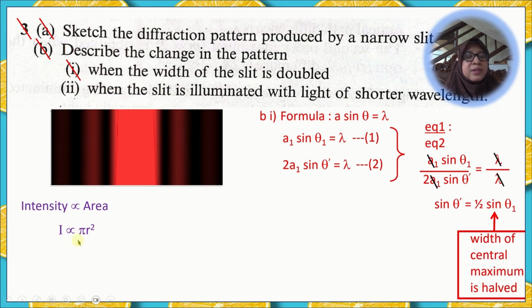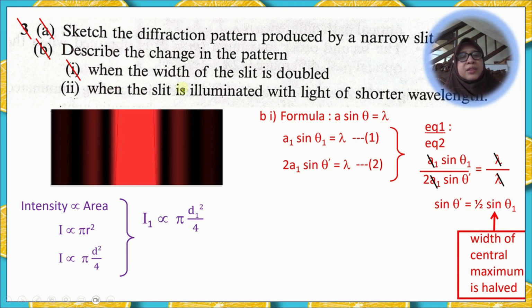So the intensity of the light that passes through the slit is directly proportional to pi r squared. Okay, so we substitute the diameter, d squared over 4, because r is d over 2, so squared becomes d squared over 4.